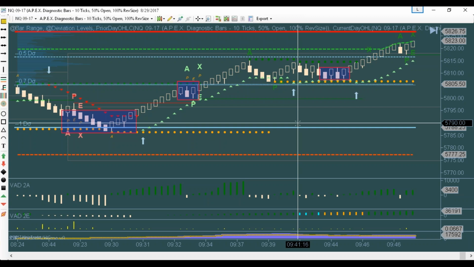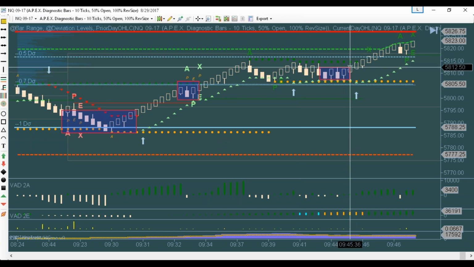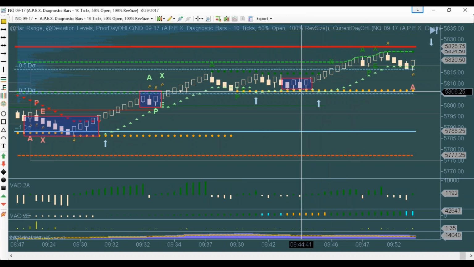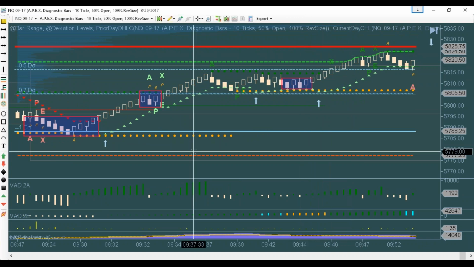Meaning, let's say you missed this power play and you want to trade a sling trade. You can only trade the C's trades after a power play in the direction of the power play. Does that make sense? Until a new power play changes the direction of the trend.